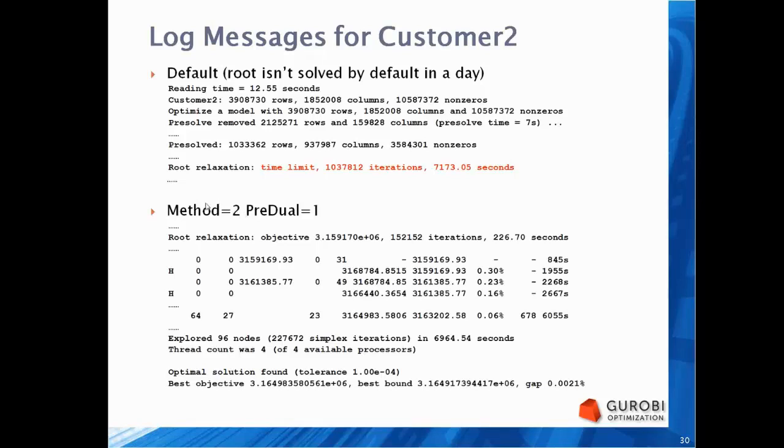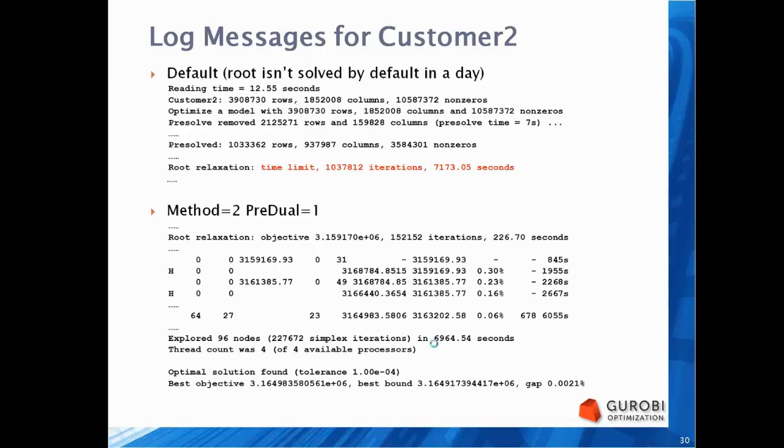And then it is still not solved in 2 hours, but if you look at the model, it has more constraints than variables. Now maybe it makes sense to solve the dual formulation, set PreDual equal to 1 to solve the root relaxation. Then it's able to speed up a lot. The root is solved in 226 seconds, and then it's able to solve the model in less than 2 hours.